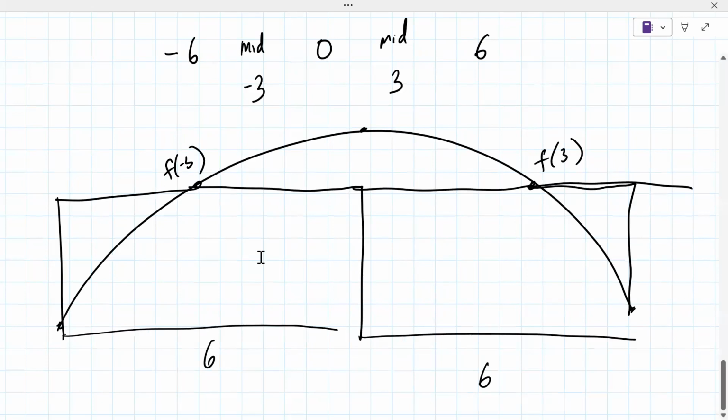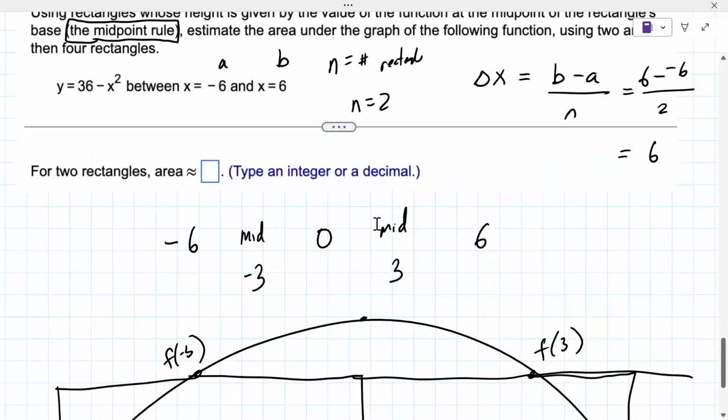To find the height of the rectangle, we have to evaluate the function at -3 and 3, but they are identical. So, your pick. Why don't you put in 3 and tell me what this becomes? Wouldn't that be 27? Yes.